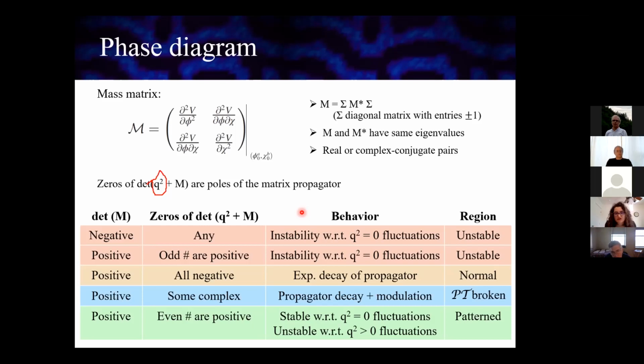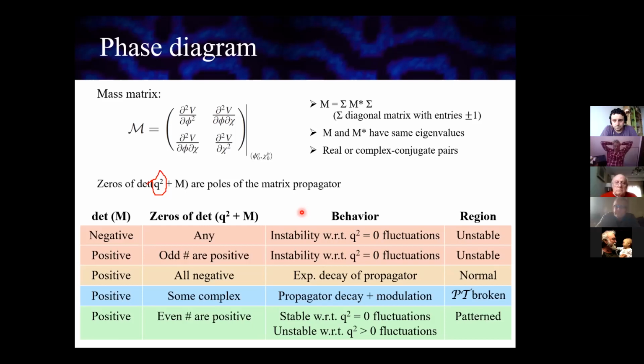So we'd expect that out of PT quantum field theories, this patterning is going to be a universal behavior, and it's just something you're going to get purely out of the structure of this mass matrix. This is just a generic way to compute where this patterning occurs analytically, which is always going to be in the critical region.